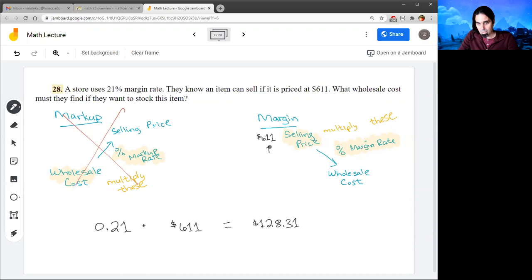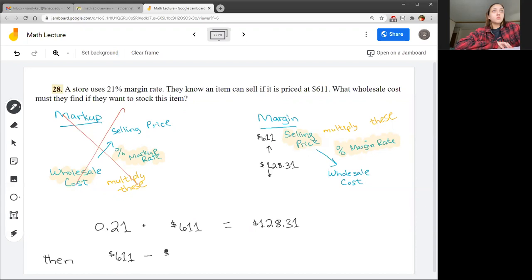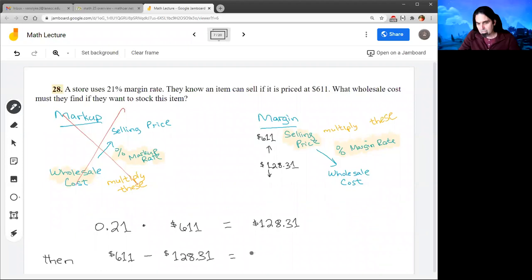The difference is $128.31. 611 minus that gives us $482.69. That's what they need here for the wholesale cost.